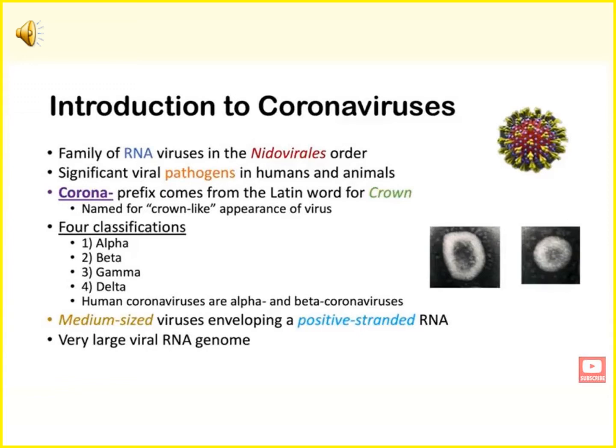Its name comes from its crown-like appearance of the virus. It has 4 classifications: alpha, beta, gamma, and delta. The human coronaviruses are alpha and beta coronaviruses. These are medium-sized viruses enveloping a positive stranded RNA. It is the very large viral RNA genome.